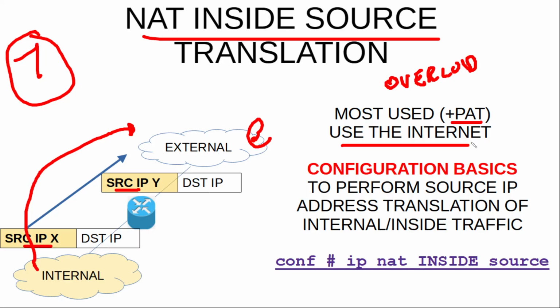Every single person that has contracted an ISP in order to reach the internet will receive a router from its ISP, and this ISP router is going to perform inside source translation, particularly with this combination with PAT.